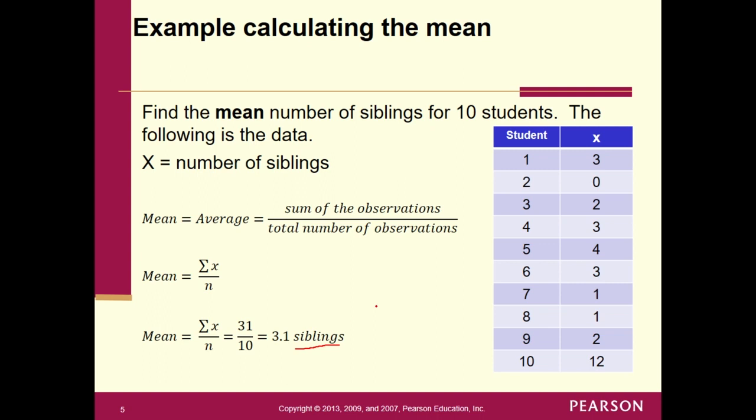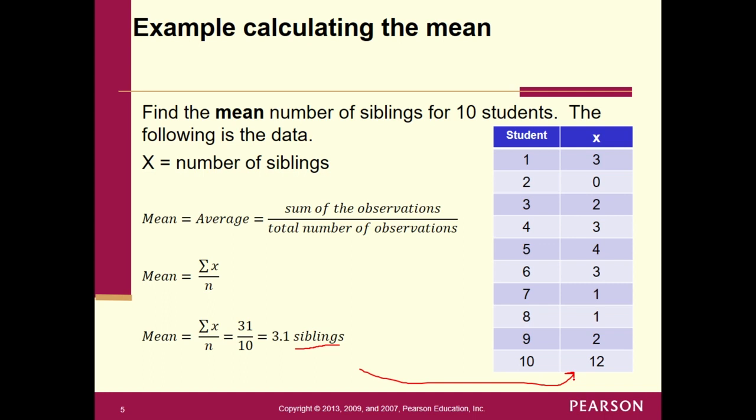All right, and then I'm going to take your focus over to here. What does that 12 look like to you? Does that seem like an extreme value? Now, this was real data, and it came from a gentleman who was quite a bit older than your typical college student.